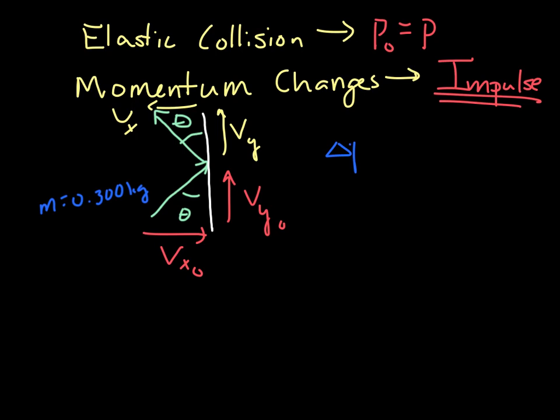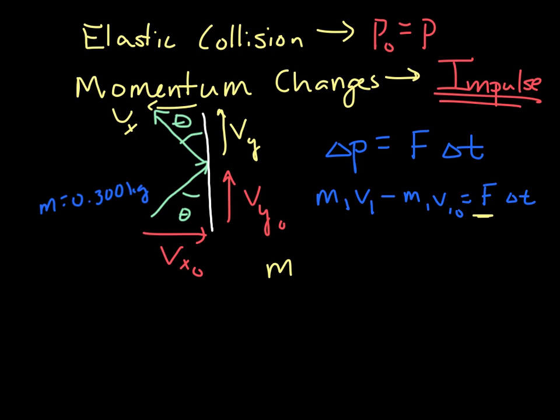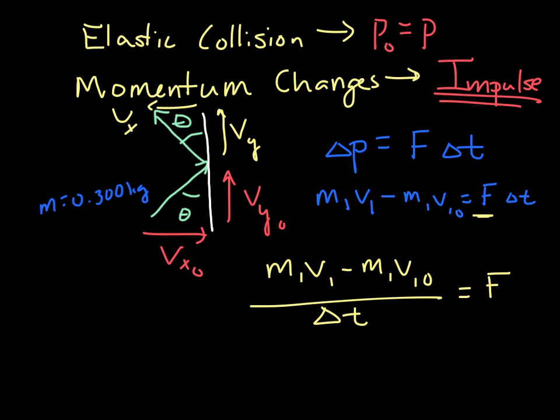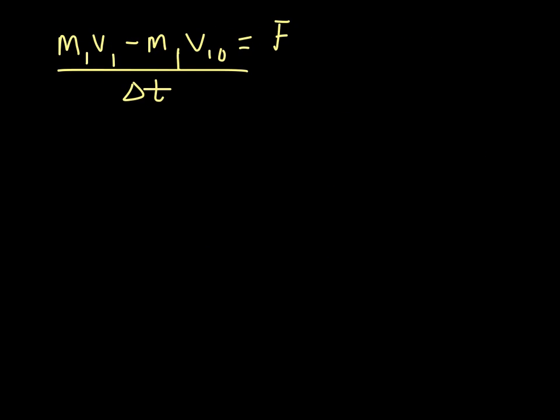So you know that change in p equals a force exerted for a time. So it's going to be your final momentum minus your initial momentum equals a force times delta t. So if we look at this, we know we want to solve for F, so we get m1 v1 final minus m1 v1 initial over delta t equals your force. So now we just plug in our values.